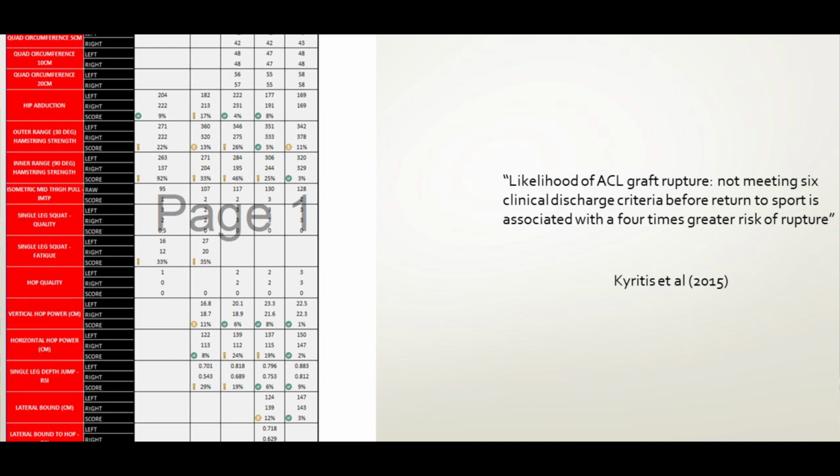And they found that if the athletes, who were young soccer players, didn't meet that discharge criteria before they returned to sport, there was a 4 times greater risk of rupture. We base some of what we do off that with a few different twists with the gear and the facilities that we have. But that's a pretty good article to have a look at. I've got some references at the end if you want to have a look.